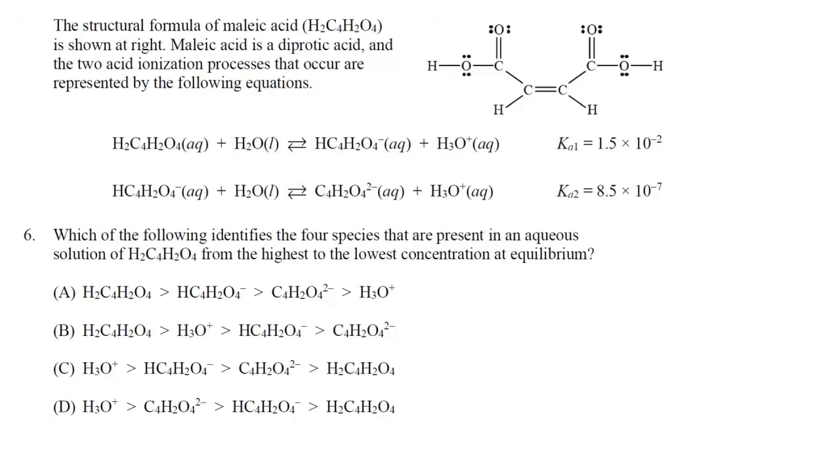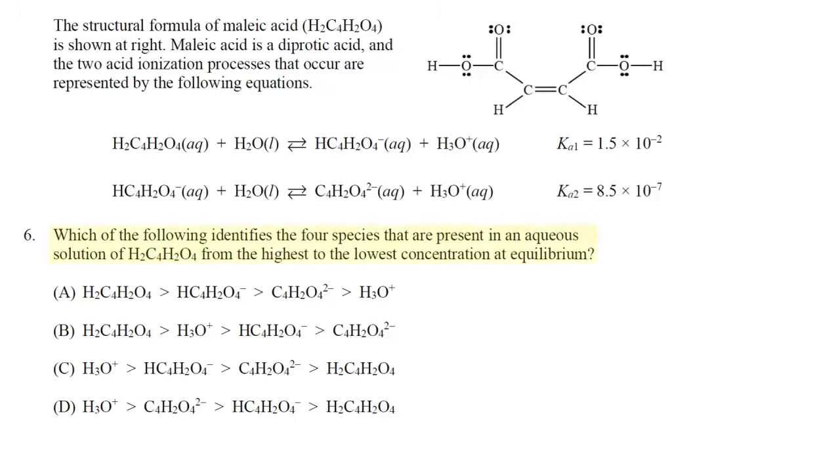We also produce a conjugate base, which now has the chemical formula C4H2O4 2 minus. So two separate ionization equations, and that second equation also has a Ka value, but that's labeled as Ka2, 8.5 times 10 to the negative 7. Now we come to the question for question 6.